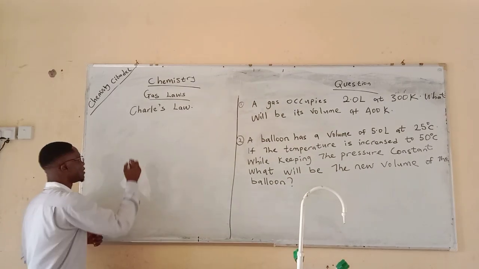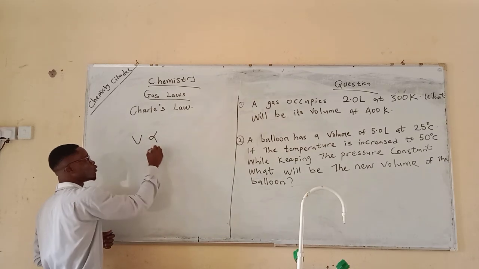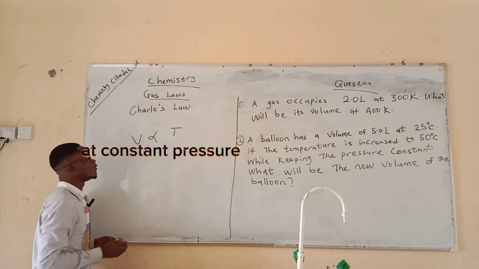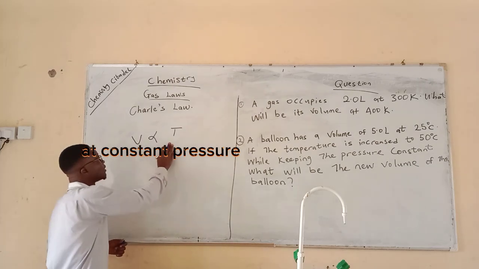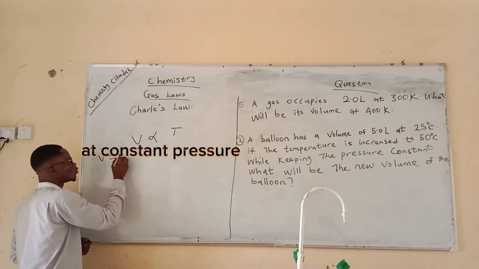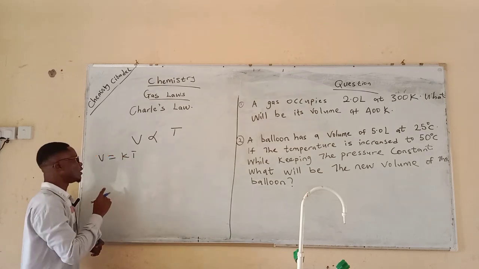Mathematically, we can see that the volume is directly proportional to the temperature. So if you remove our proportionality sign, we'll be having V is equal to KT.